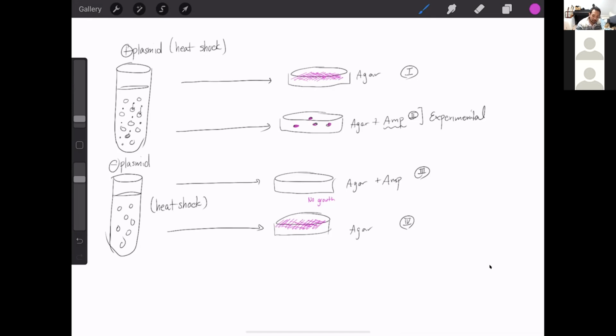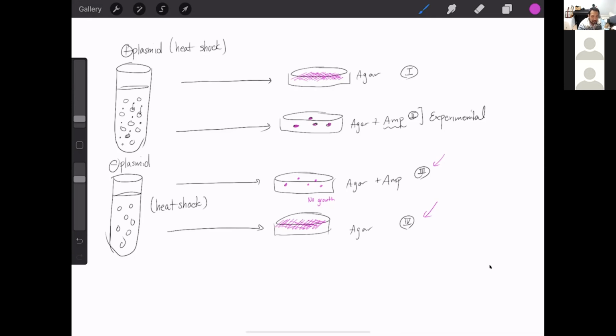Now I'm going to really focus on plate 3 and plate 4 for a moment, because I think these are really important. Firstly, plate 3 has to be clean. If you get growth on this plate for whatever reason, do you know what that means? This means that these bacteria are capable of growing on ampicillin.